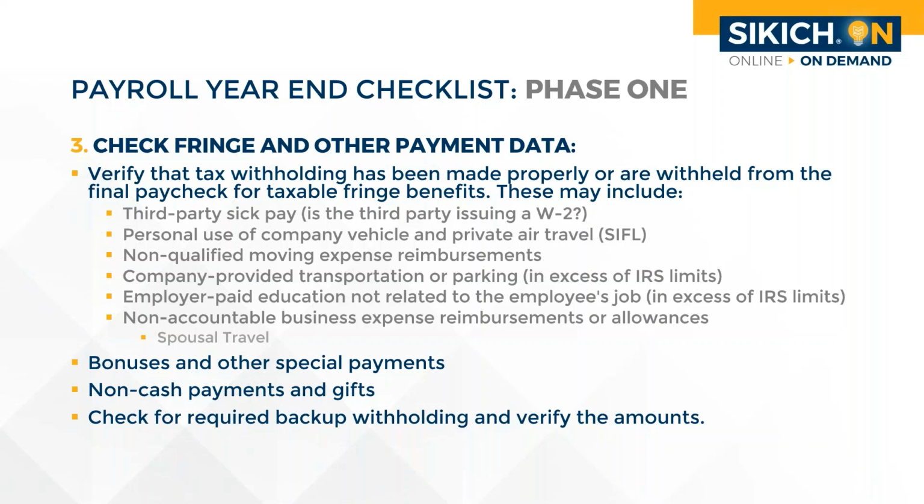These amounts could produce a very large taxable impact on the employee. Items such as third-party sick pay, where a third party is paying your employee for time not worked, but it still has to be reported on a W-2. And there are different methodologies by which to handle that.